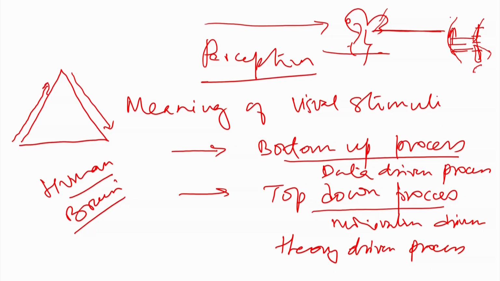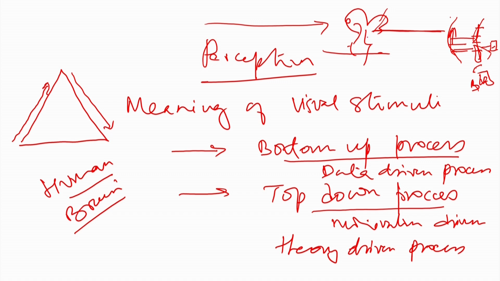For example, some information regarding the motion of objects, information regarding the contours which divide the background and the foreground, and several other basic information in terms of the color, in terms of the texture are transmitted by the retina itself. This information is then taken up by the occipital areas or the visual processing areas.